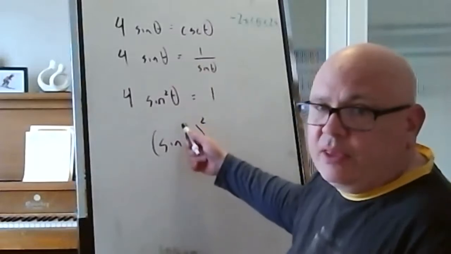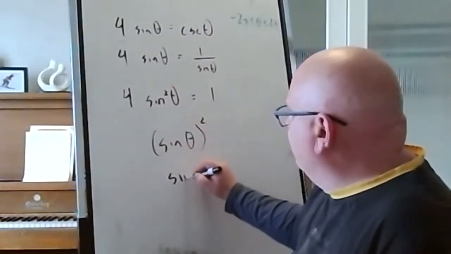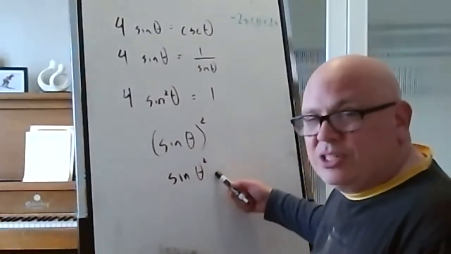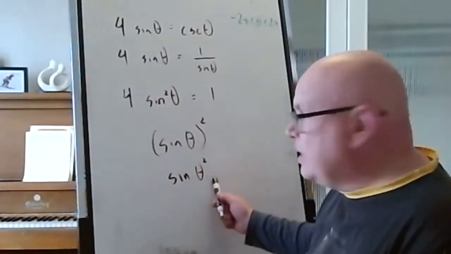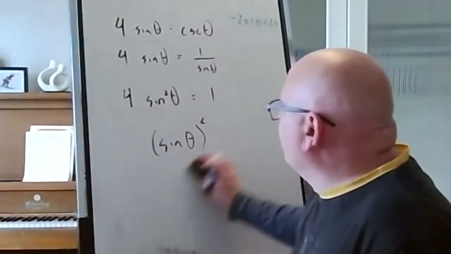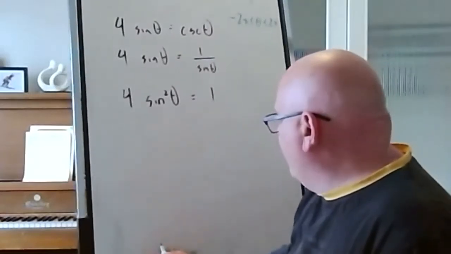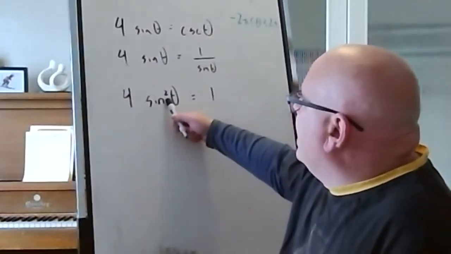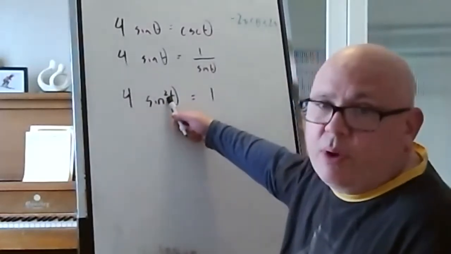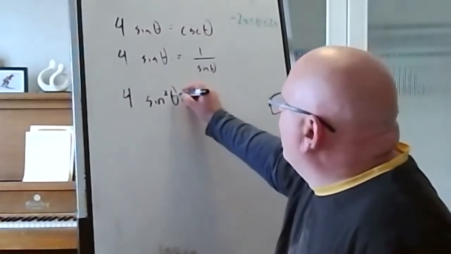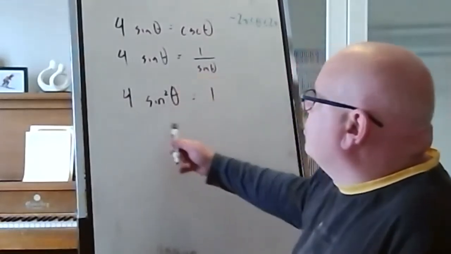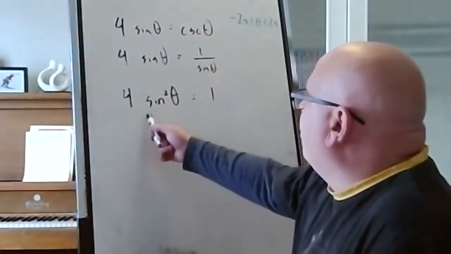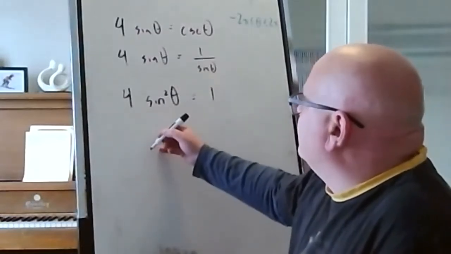We typically don't write it like this because that sometimes can be confusing depending on our brackets, of whether we mean this or whether we are wanting to square the angle. So we get rid of the uncertainty by calling this 4 sine squared theta, with the 2 for squaring right after the sine before our angle, theta, which means 4 sine theta times sine theta. We're not squaring 4, we're not squaring the theta, it's sine theta times sine theta.